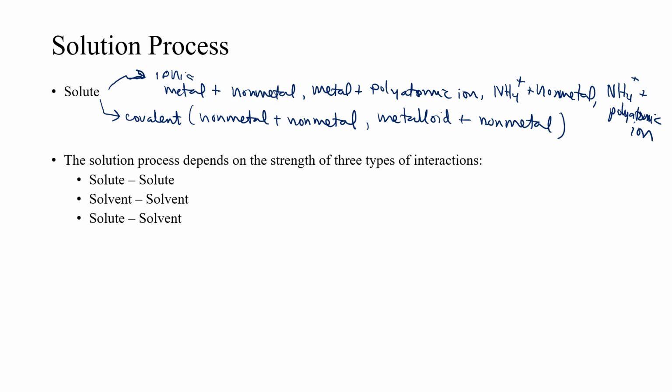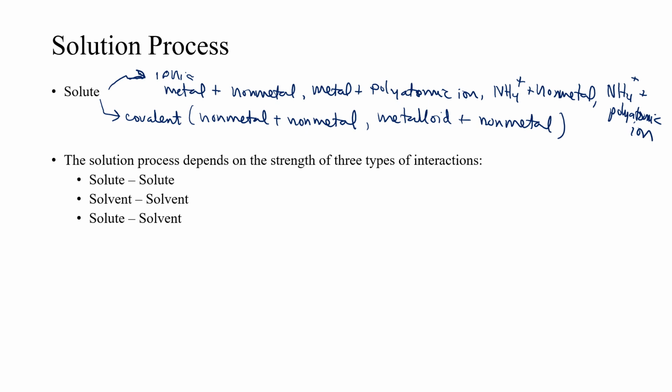Now, when we transfer the ethanol into the water, we're going to create this solution if you have the interactions between the solute, which is the ethanol molecules, and the solvent molecules, which is the water. So we have those three types of interactions: solute-solute, solvent-solvent, solute-solvent.